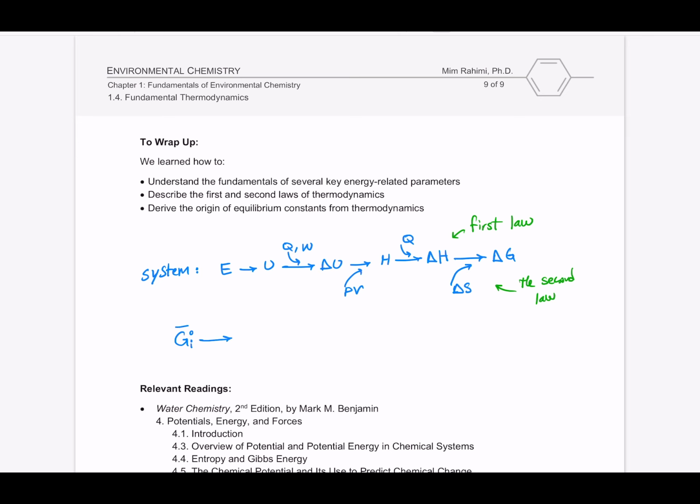Then we used that value plus RT ln of the concentration. We defined G_i at any condition per mole. Then we used that to describe delta G of the reaction at non-standard condition, and we know how to do that. And then eventually we connected this to Q, which was K at equilibrium.